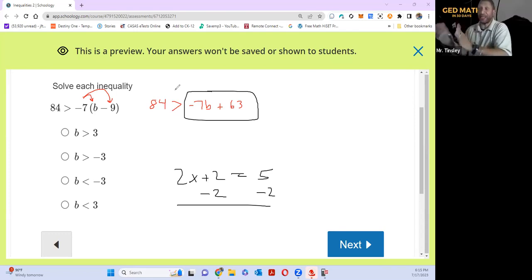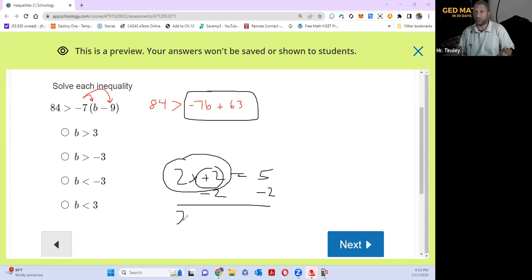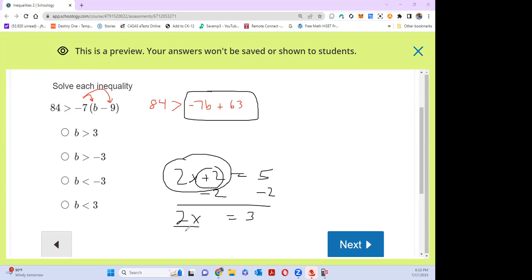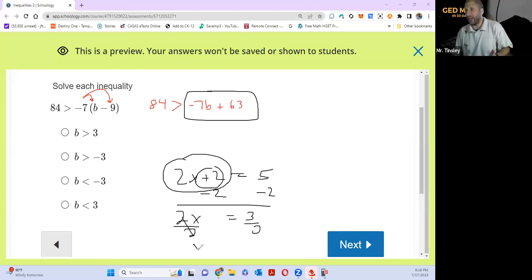It's not even part of it. Did you look at that 5 first? No, you looked at this side of the equation. And you said, what term should I get rid of? The plus 2. How do I get rid of plus 2? I minus 2. So I'm going to have 2x equal 3. Then what do I do? Divide. Divide by what? 2. You get x equal 3 over 2.